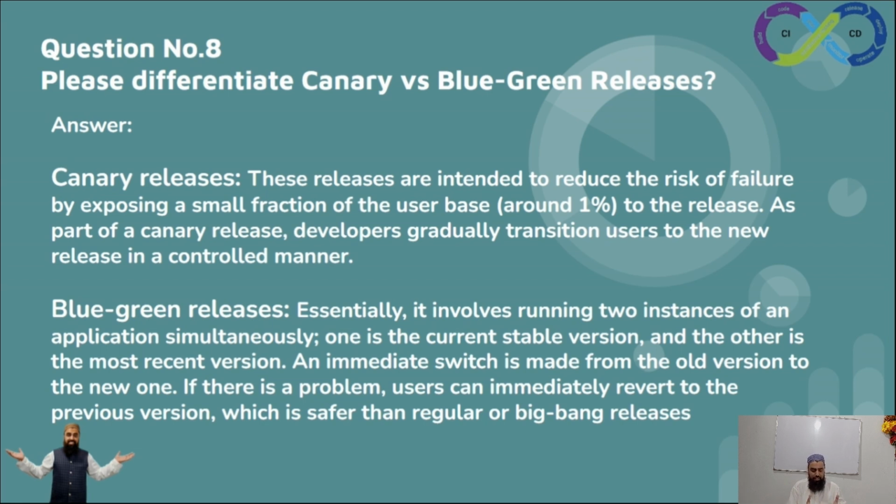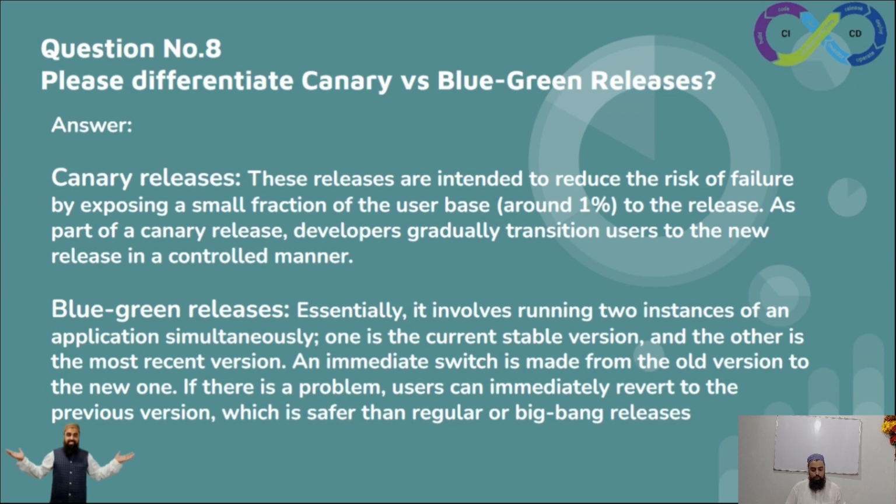Similarly, if one release fails, one is the current stable version, which is known as blue, and the other is the most recent version. An immediate switch is made from the old version to the new one. If there are problems, users can immediately revert to the previous version, which is safer than regular or big bang releases.